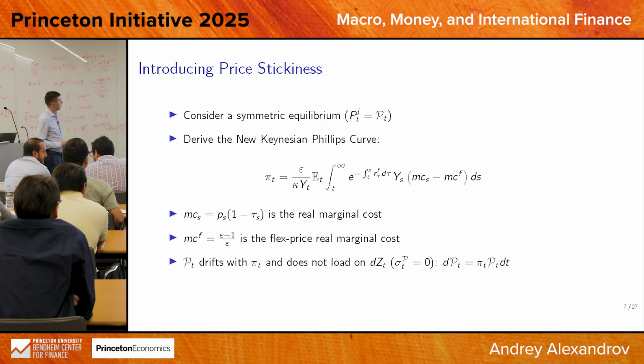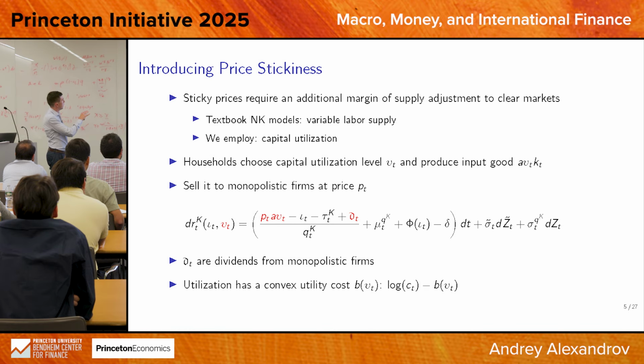All right. So now as we said before, the aggregate price level is also going to only drift with inflation rate pi t. It is not going to be loading on the aggregate shocks. Let me briefly conclude. We have added sticky prices. The only thing that has changed is that now we have a different return on capital and an additional decision for the households.